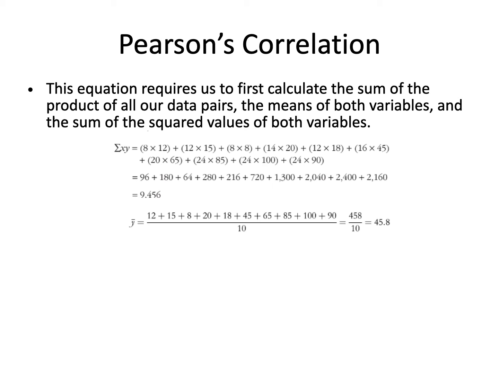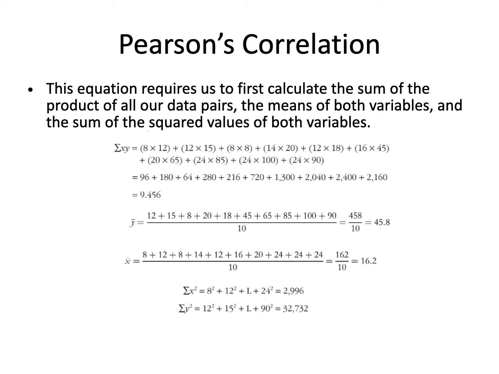Then we estimate the mean of the y variable and the mean of the x variable, and then the sum of the squares of both variables, the sum of x squared and the sum of y squared. Here we also have n, the number of cases or data pairs, which is 10.